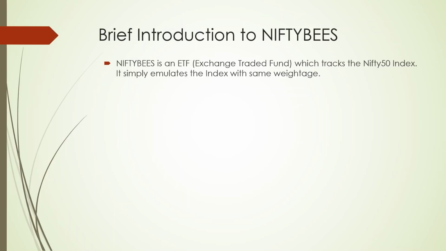Each stock has a weightage based on the free float capital of the stock. If you want to know what free float capitalization is, you can refer to Investopedia, or to any of our other YouTube videos in the Nifty BN channel.